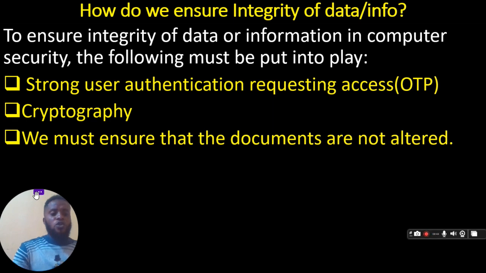1. Strong user authentication requesting OTP. We have seen some cases. If, for instance, you lost your credit card to a wrong hand, okay, this person now takes your credit card and tries to make an online payment, because the bank has put an authentication policy in place.